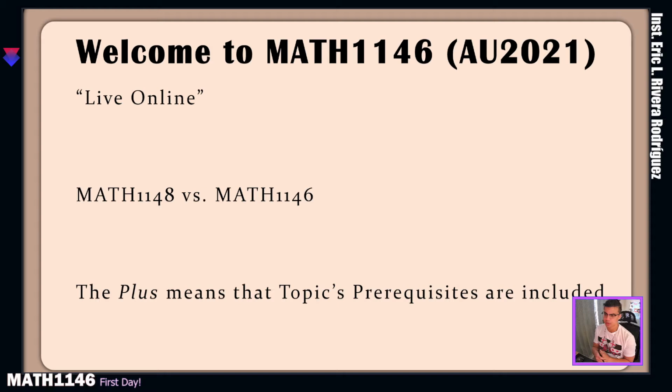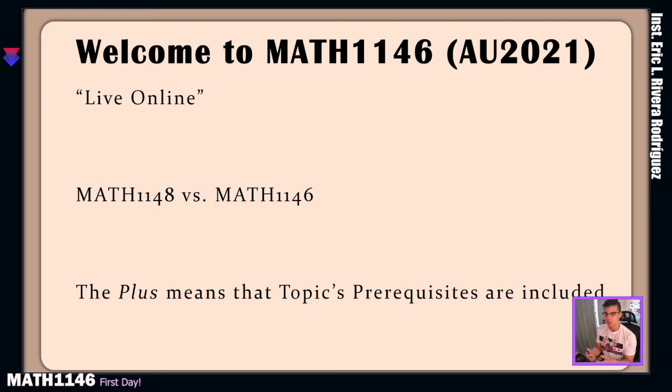Another thing that is important for you to know is that this class is a College Algebra class, although the code that is used here is 1146 and not 1148. The reason is that we are going to discuss prerequisite topics in our class. That is the meaning of the plus in the name of the class, College Algebra Plus.